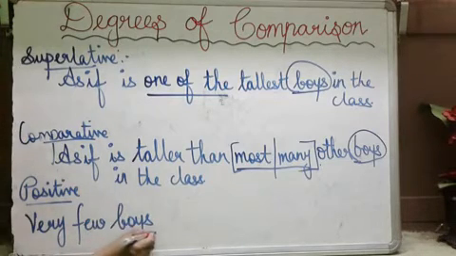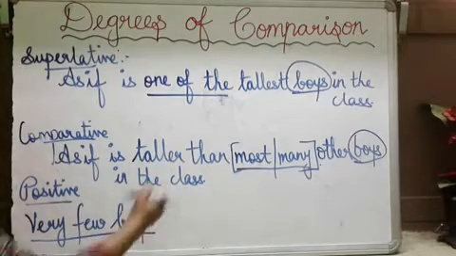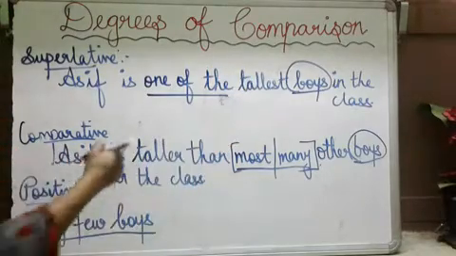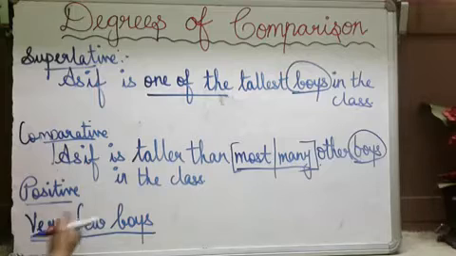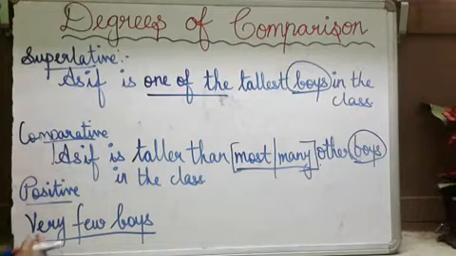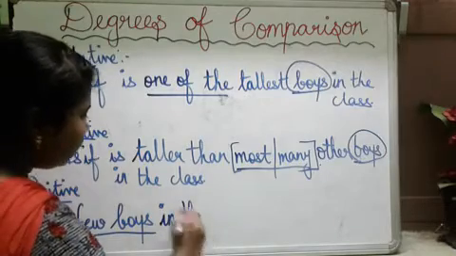So don't forget, very few boys you will start. Why are you using very few boys? Because the boys is in the plural form and they have used 'one of the' in this superlative degree. That is why, while changing that into positive degree, we will begin the sentence using very few boys.